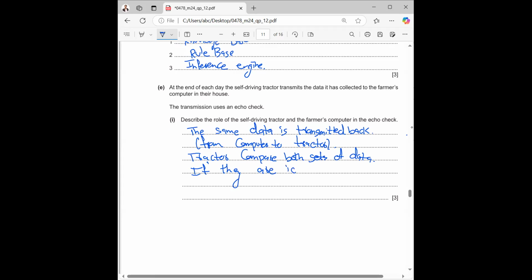If they are identical, there is no error. And the tractor resends data if they are different.